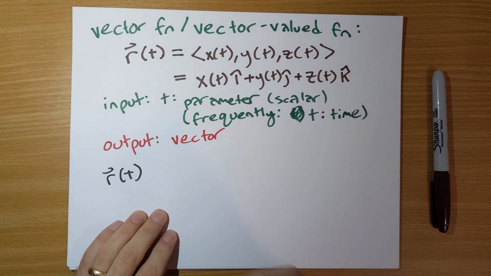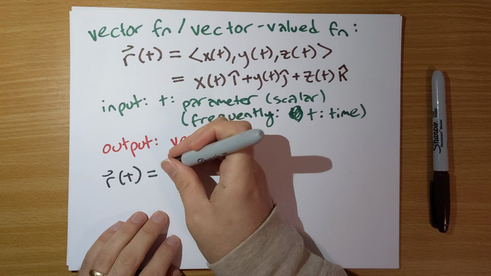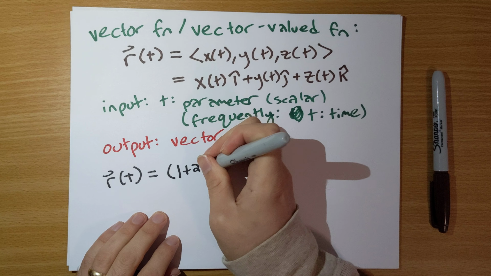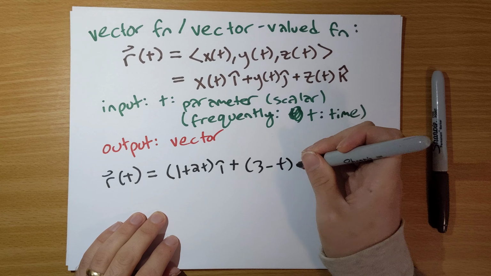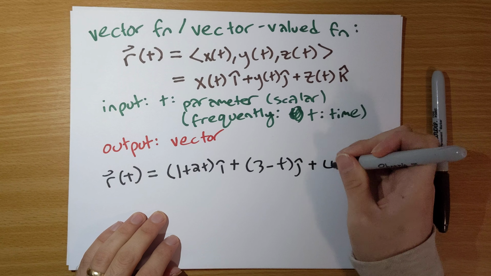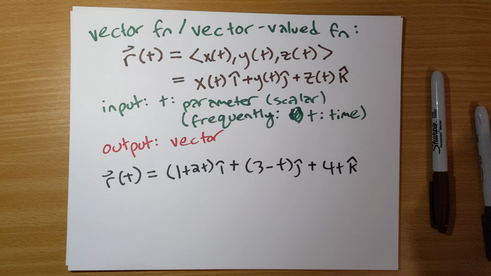Let me write down an example here. r of t is (1 plus 2t) i hat plus (3 minus t) j hat plus 4t k hat. Maybe not this exact one, but when do we see something like this?